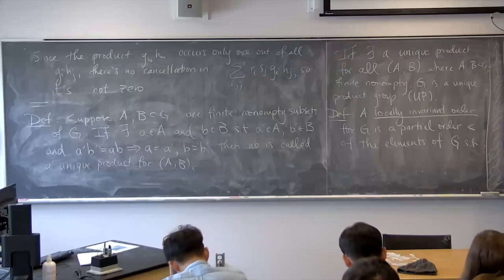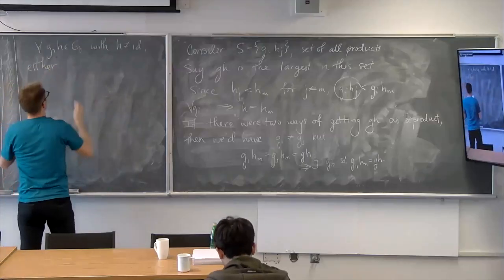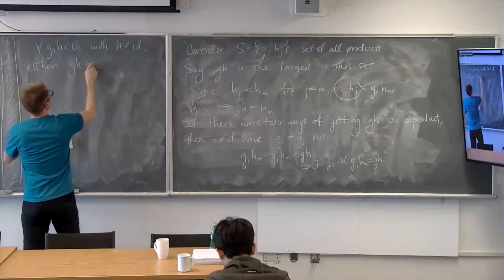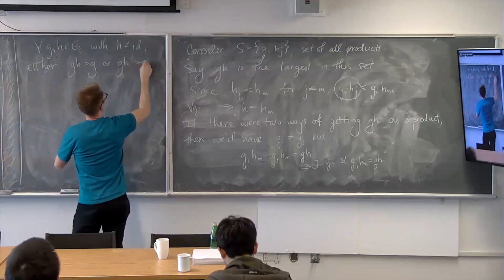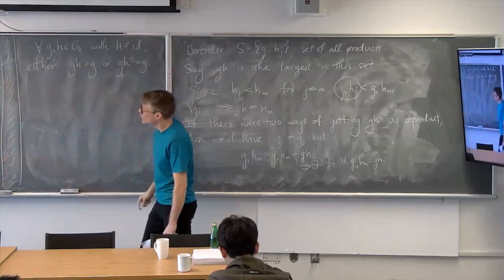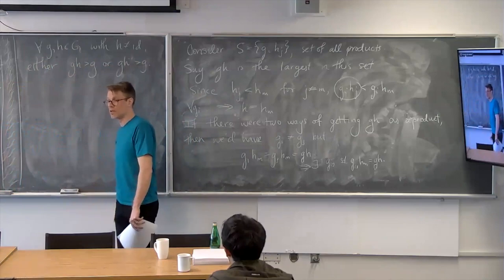Such that for all g, h in G, with h not equal to the identity, either gh is bigger than g or gh inverse is bigger than g. And then a group admitting such a thing will be called locally invariant orderable, or LIO.